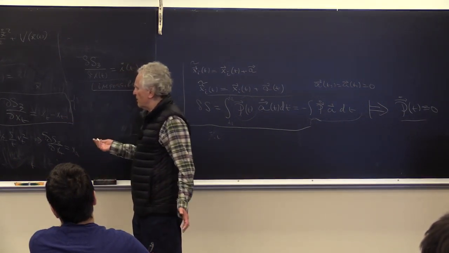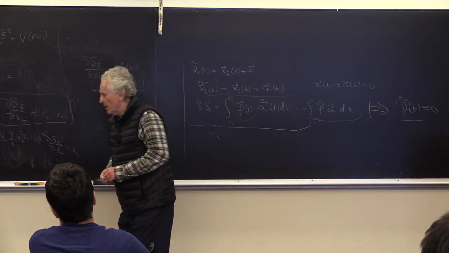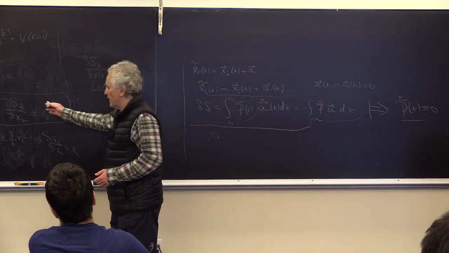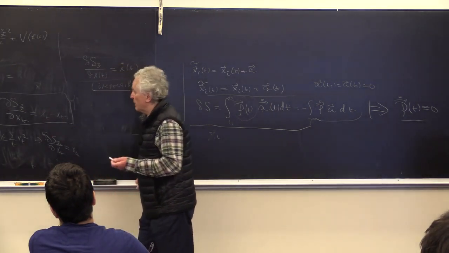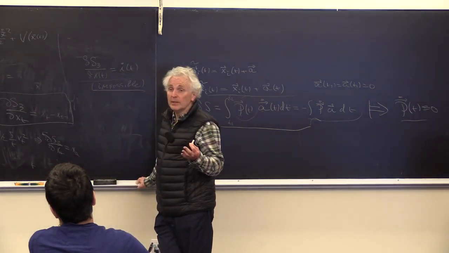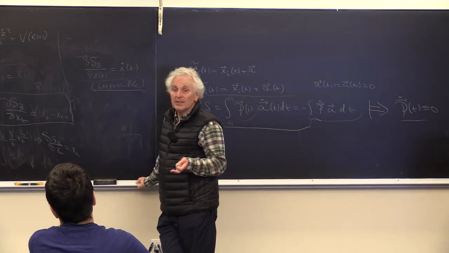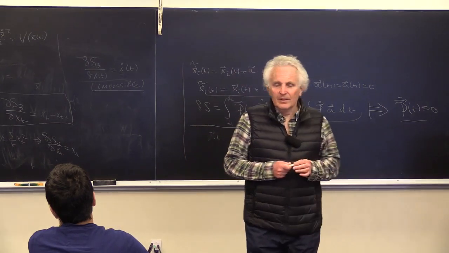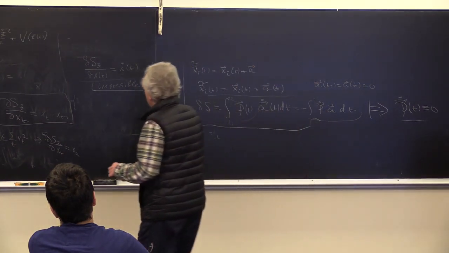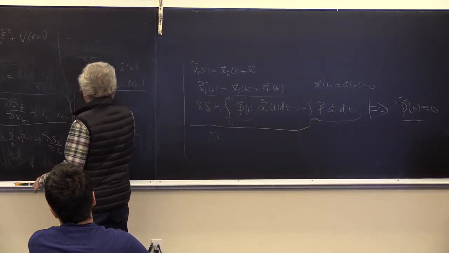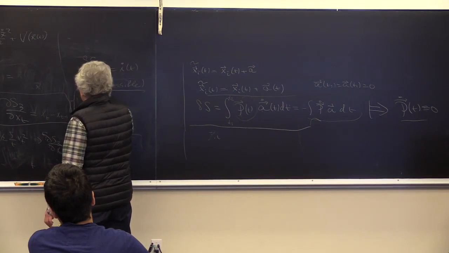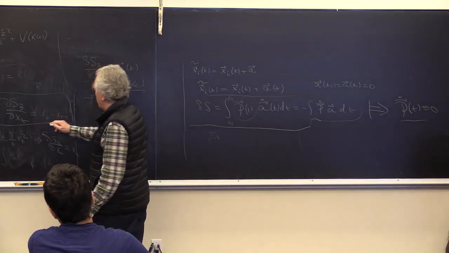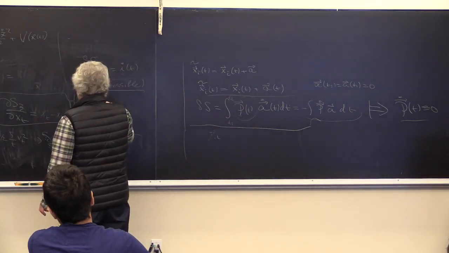But there is a very simple criterion for any expression on the right-hand side, whether you can find S or you cannot. What is the criterion? It's very simple. Suppose that you solve this equation.